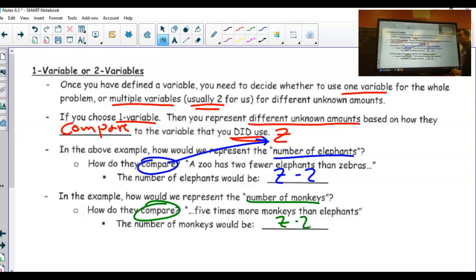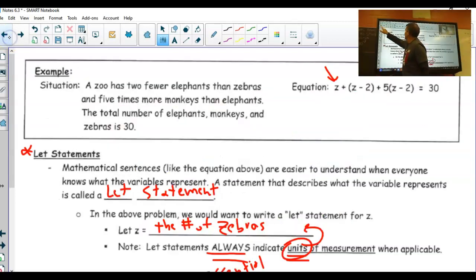Z minus 2 is the number of elephants. And so the number of monkeys would be 5 times that amount. This would be the number of monkeys. And if you go up to our equation, you can see these are already in the equation.